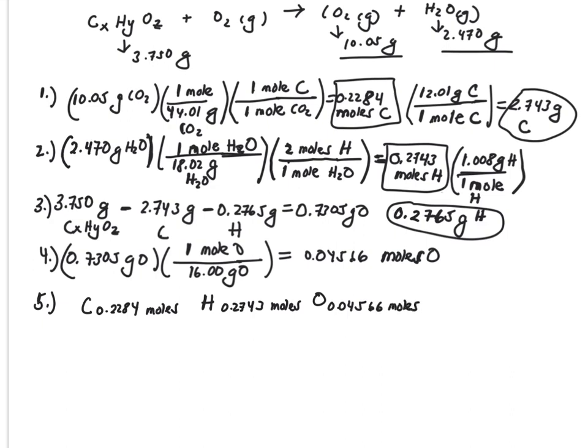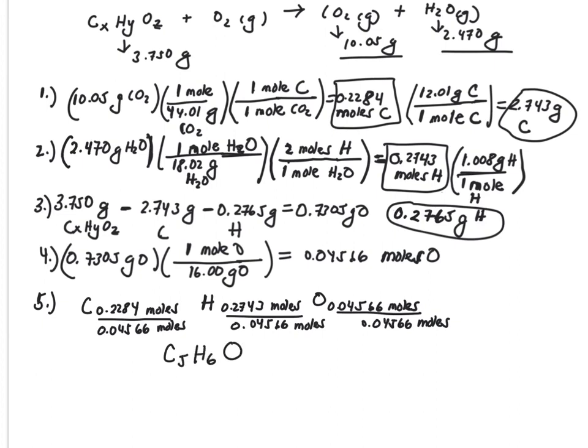And we're going to divide by the smallest number of moles, which is 0.04566. So we end up with C5H6O, and that's going to be our empirical formula for clove oil.